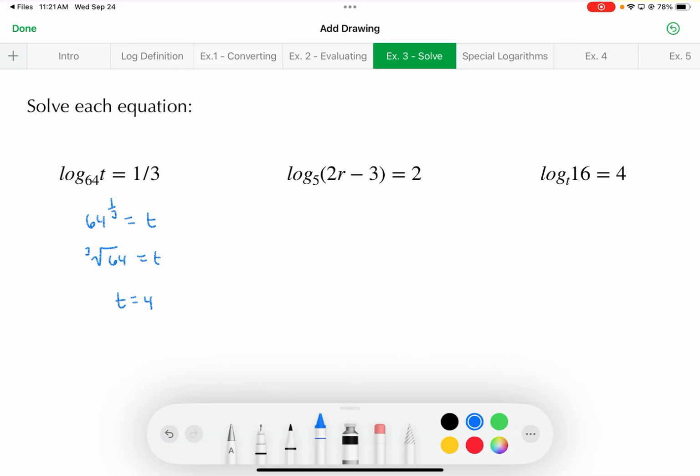Log base 5 of 2r minus 3 equals 2. That's the same as saying 5 squared equals 2r minus 3. Or 25 equals 2r minus 3. Add 3, divide by 2. R is 28/3.